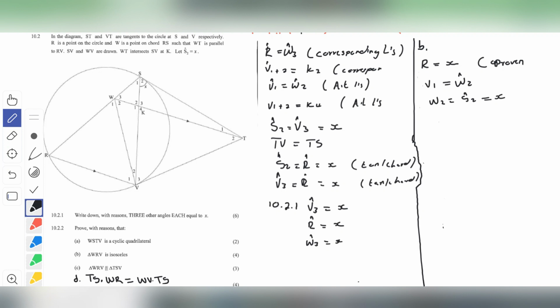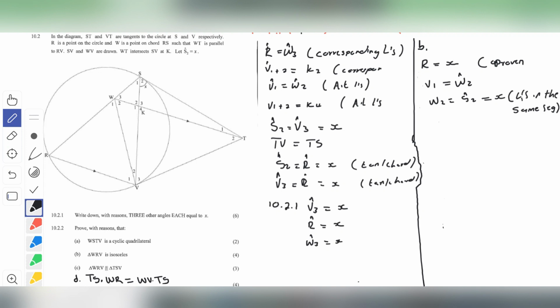So from the properties of a cyclic quad, we know that angle S2 is equal to angle W2. The reason is angles in the same segment, right? So whenever we are given to prove that WSTV is a cyclic quad, from the second question I'm going to use those properties of a cyclic quad.